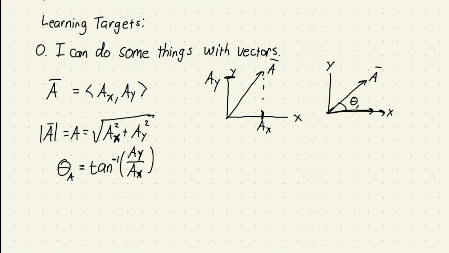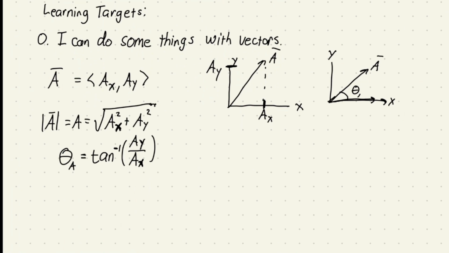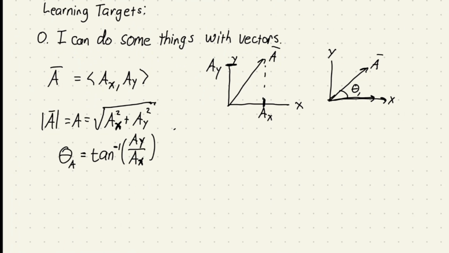So these equations allow us to convert from a Cartesian coordinate system into a polar coordinate system. Again, a polar coordinate system is when we have r comma theta, and a Cartesian coordinate system is where we have a point given as x comma y.